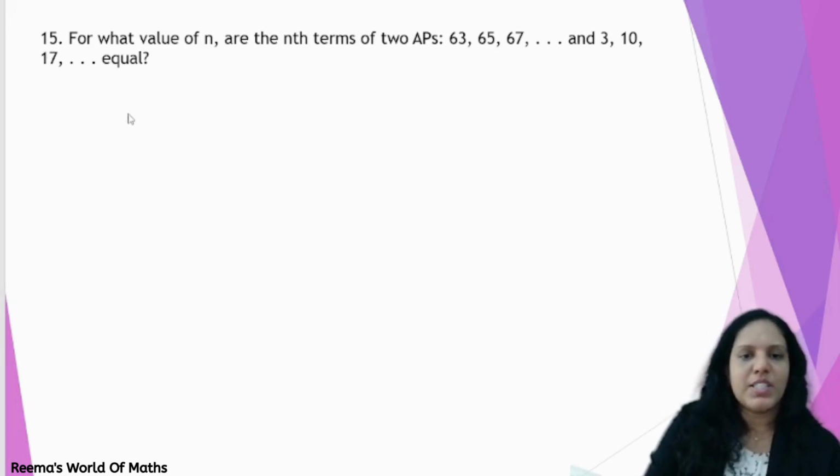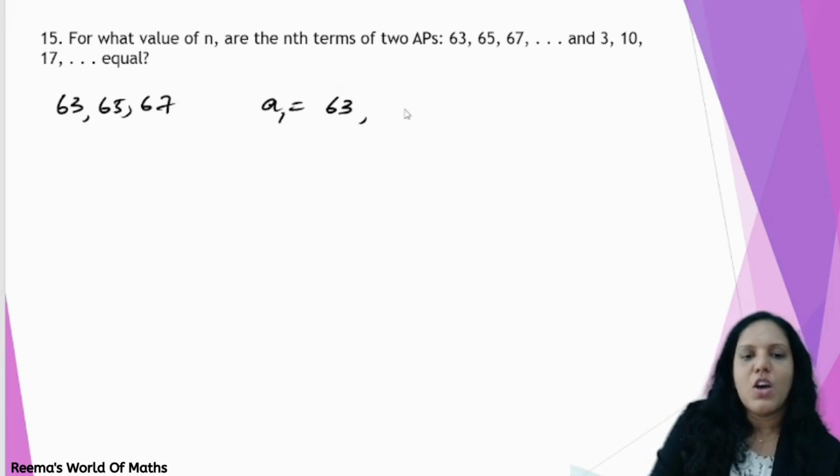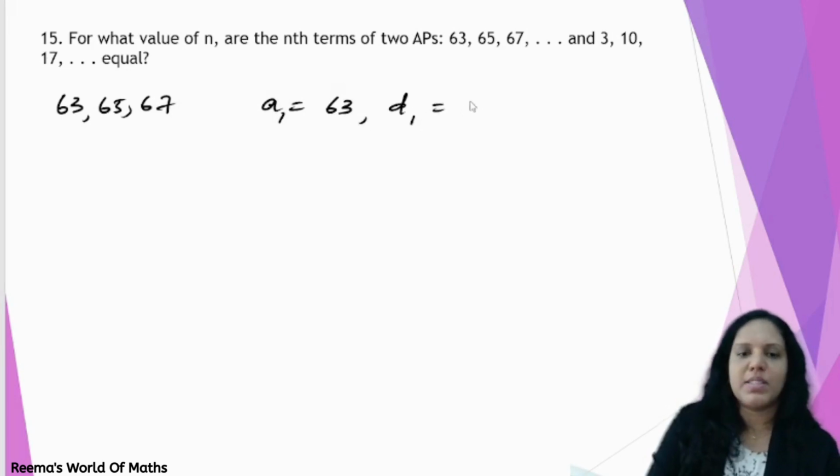Let's write the first AP, which is 63, 65, 67. Here the first term A1 equals 63, and the common difference D1 equals 2, which is 65 minus 63.